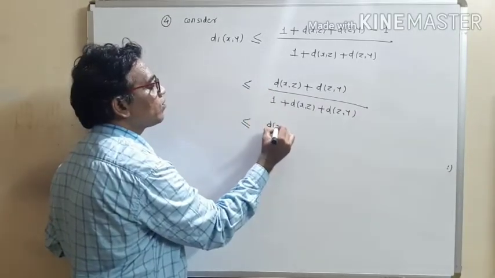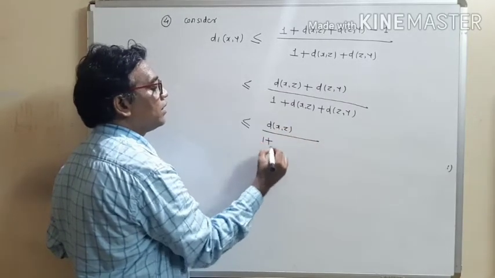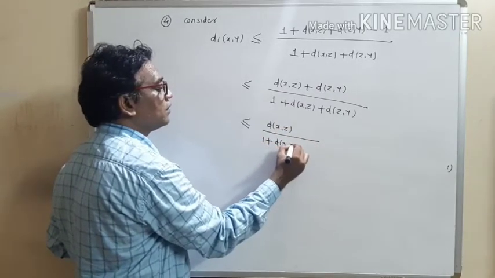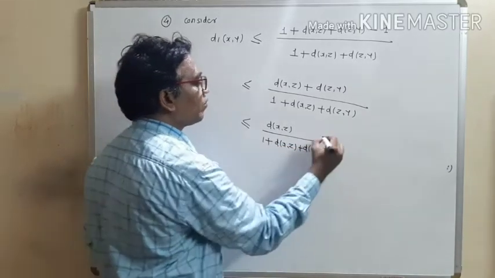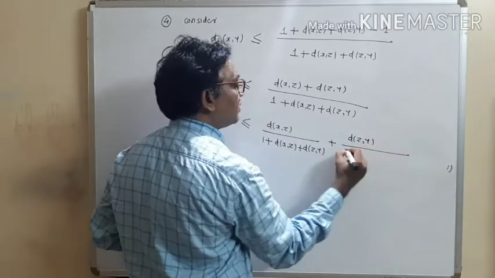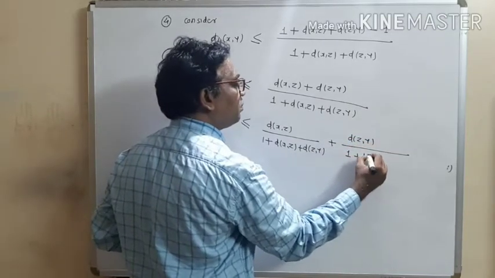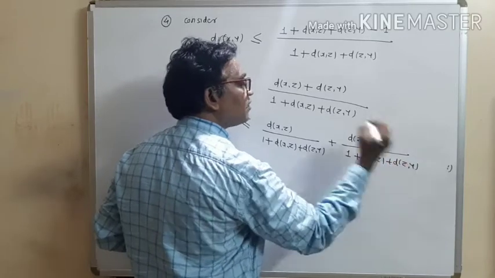This is d(x,z) divided by 1 plus d(x,z) plus d(z,y), plus d(z,y) divided by 1 plus d(x,z) plus d(z,y).